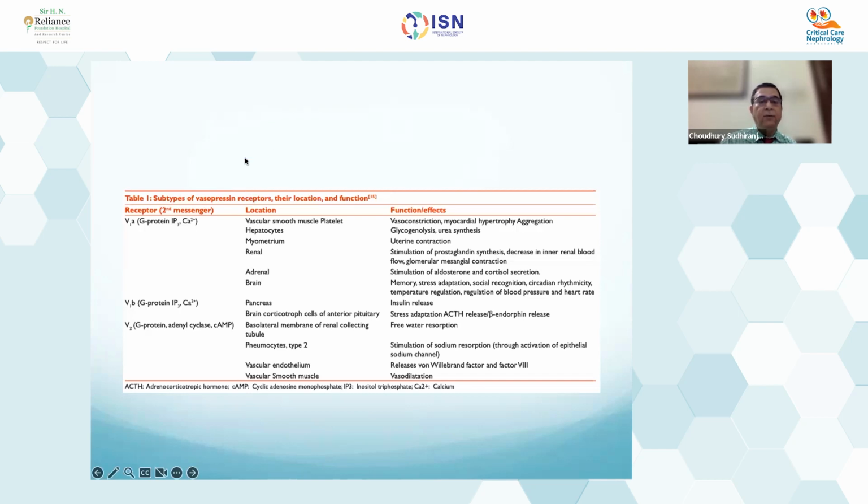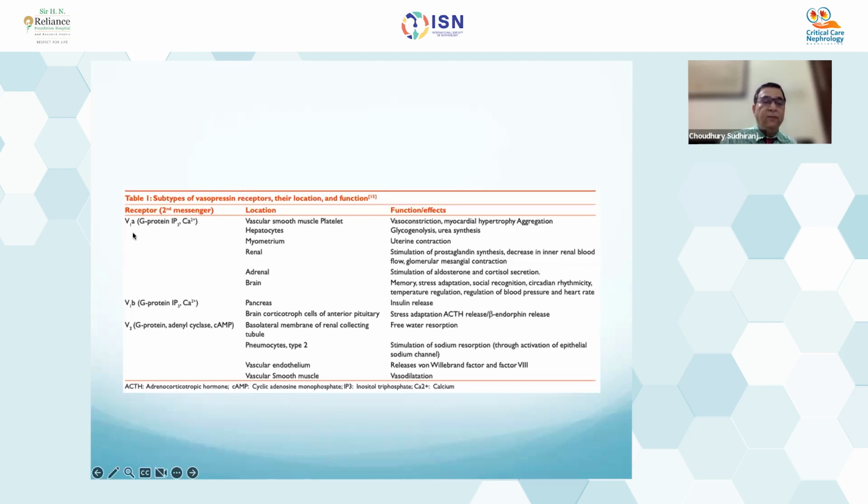And what are the V2 receptors? Vasopressin receptors can be divided into several categories, especially three categories. These are all G protein coupled, and they require phosphorylation and calcium to get stimulated.